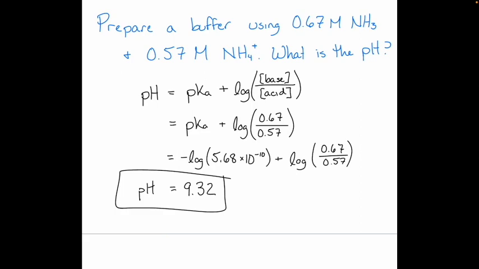All right, so I've made this buffer solution with ammonia and ammonium. I got a pH of 9.32. And again, we're going to sort of prove here that this buffered solution is more resistant to changes in pH than just normal water by itself. So we're going to take this buffer and we're going to add that same amount of hydrochloric acid to that, 0.1 molar.